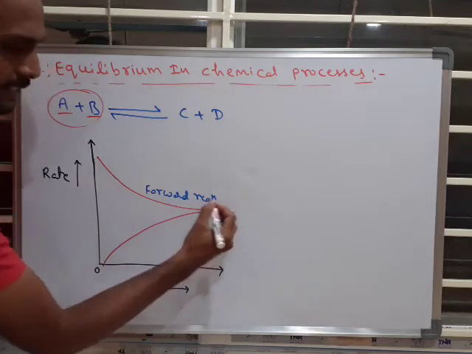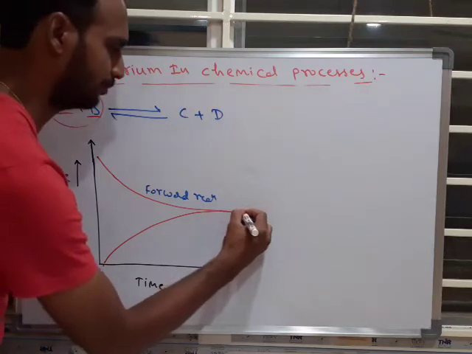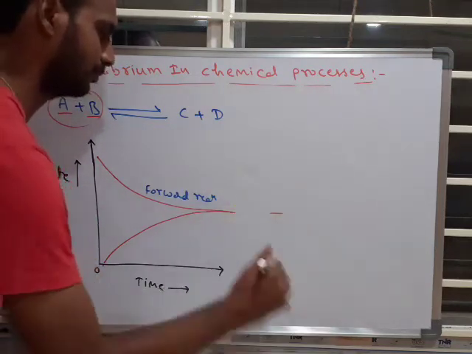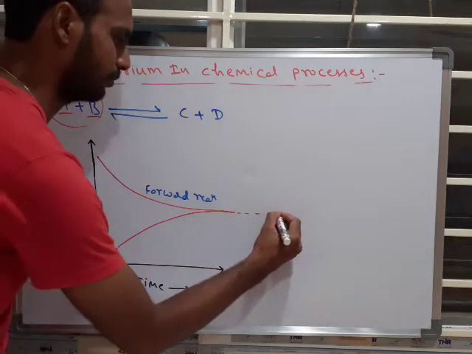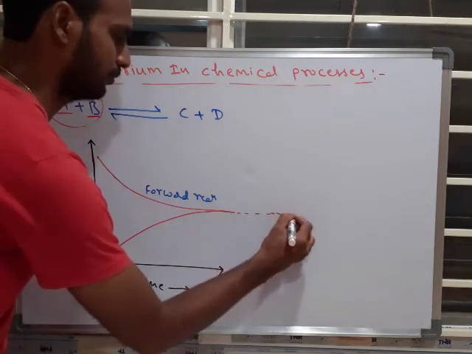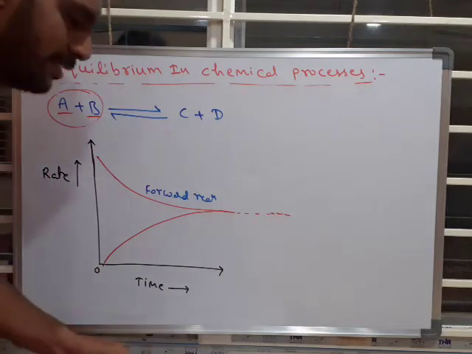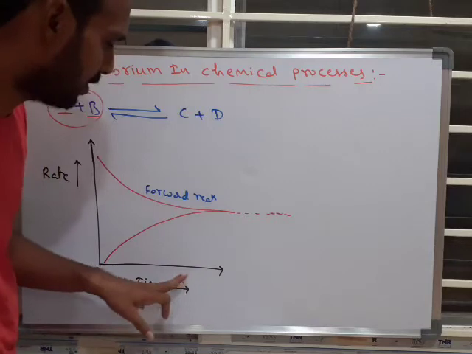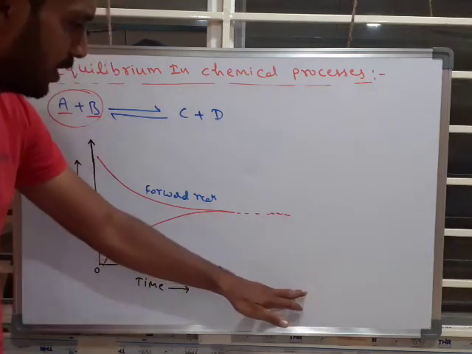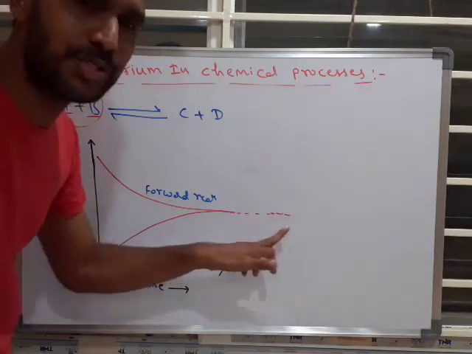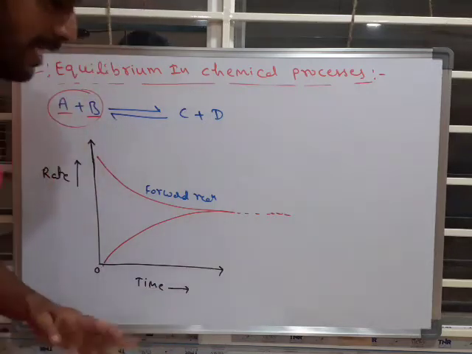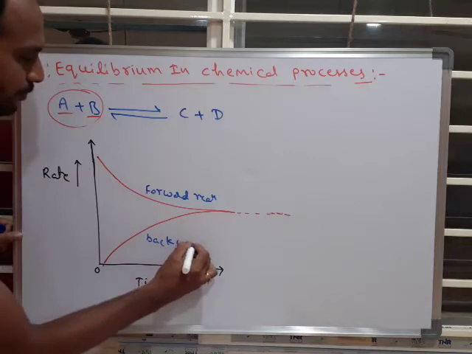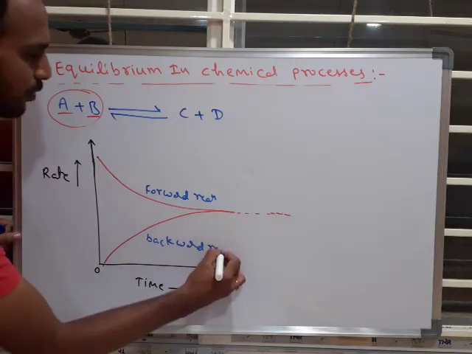So both reach a particular point. So what about this line? This state indicates what? After a certain time, the rate of the forward reaction and the rate of the backward reaction both become equal.